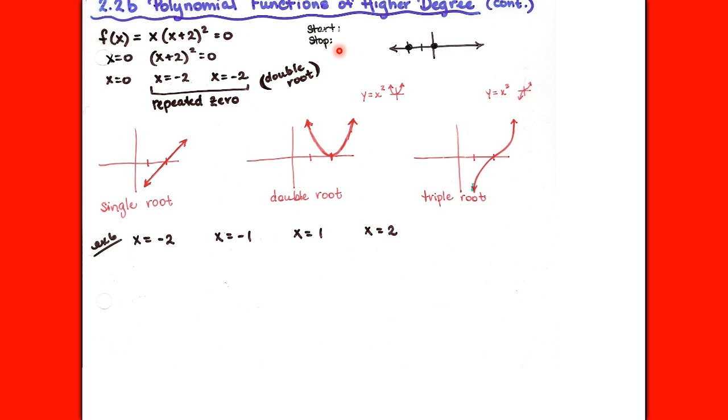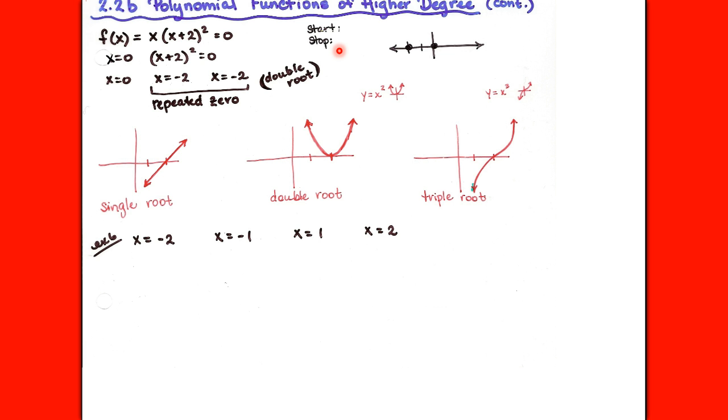If it has an even degree, like 2 or 4 or 6, it's going to start and stop in the same direction. So once I figure out how it stops, then that would tell me how it starts. If it's odd, like 1 or 3 or 5, it's going to start and stop in opposite directions. So again, once I figure out how it stops, then that'll tell me how it starts.